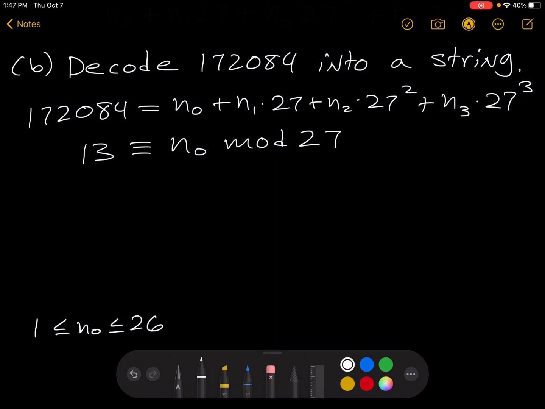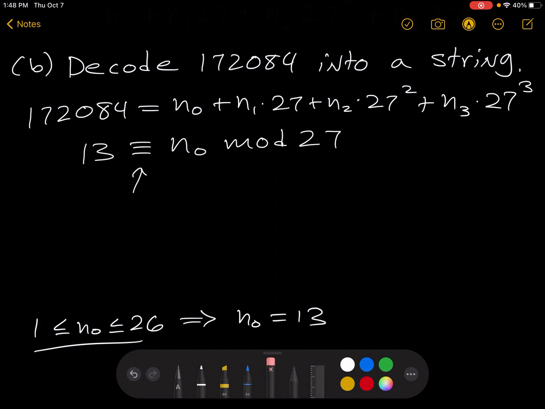This is because it's a number that corresponds to one of the numbers between 1 and 26, 1 corresponding to A and 26 corresponding to Z. It's one of those numbers that corresponds to a letter in the alphabet. Because n0 is a number between 1 and 26, we can immediately conclude that n0 has to be 13. Not only is n0 congruent to 13 mod 27, but because of this, we know n0 has to be 13.